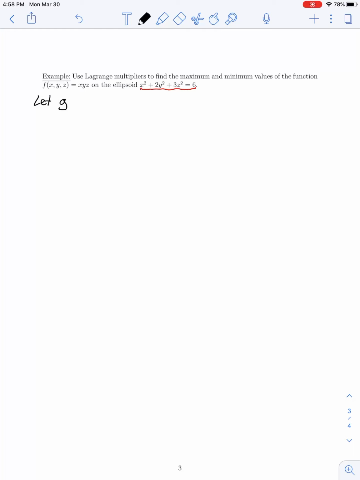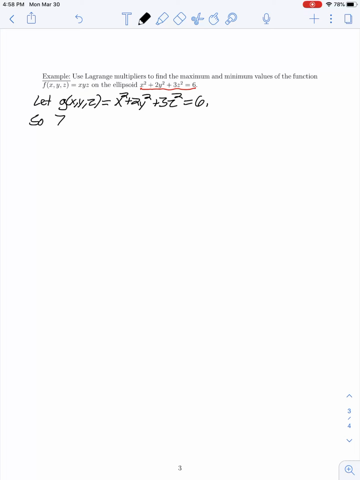So if we instead use this method of Lagrange multipliers, let's start by giving our constraint function a name. Let's call it g of x, y, and z, which is the equation of this ellipsoid, x squared plus 2y squared plus 3z squared is equal to 6.